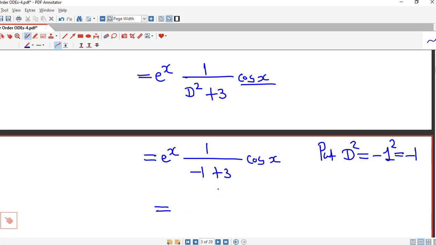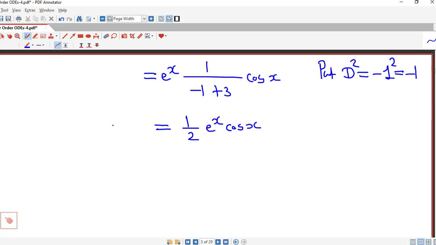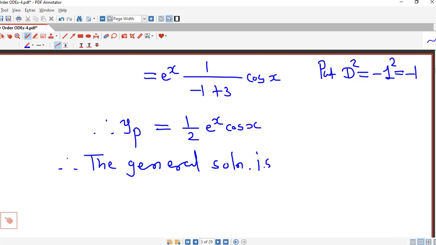So we have 3 minus 1, 1 by 2, e raised to x cosine of x. So this is the particular integral of the given differential equation. Therefore yp equal to 1/2 e raised to x cos x, and finally we write down the general solution. Therefore the general solution is y equal to yc plus yp.